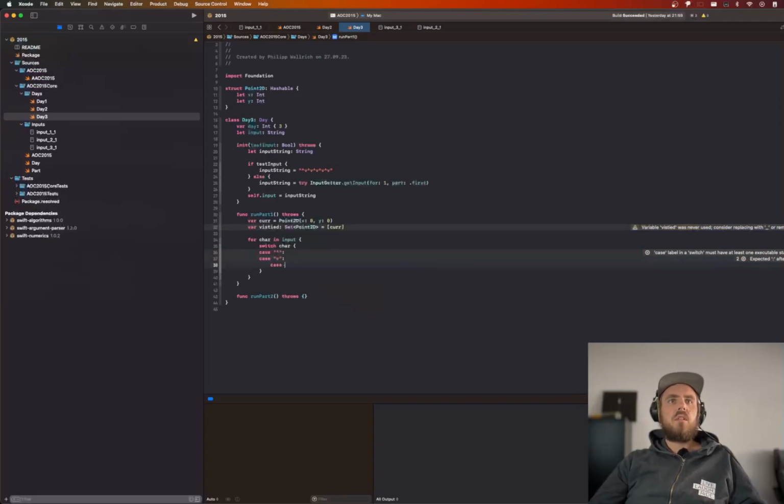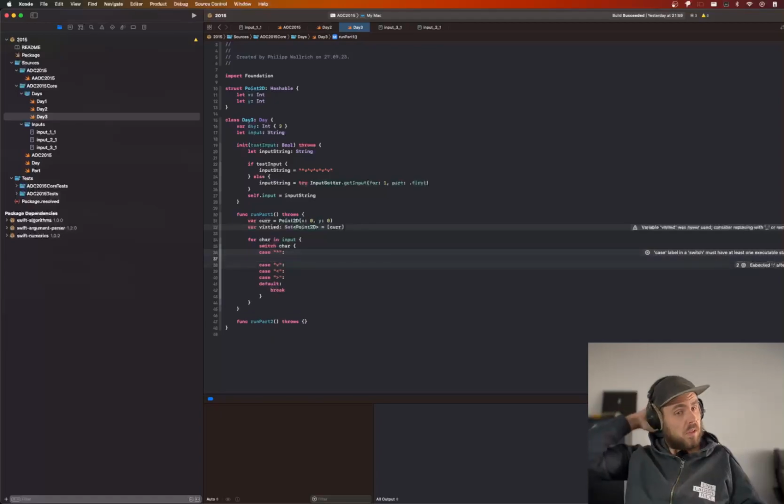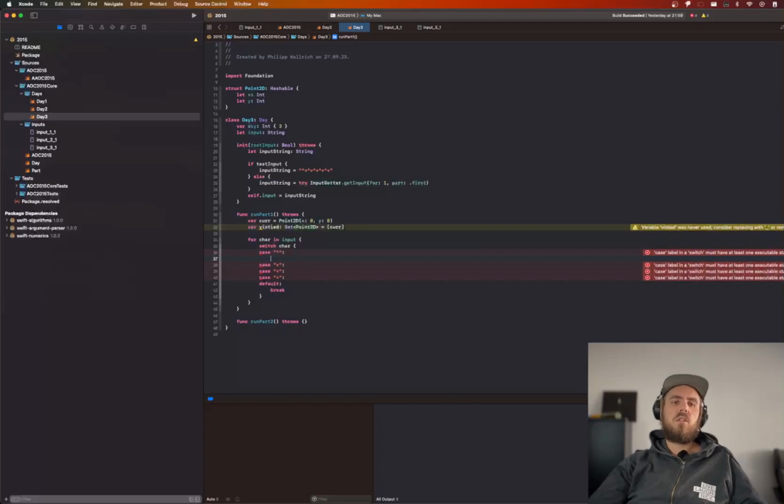We've got left and we've got right. Default do nothing. Okay, if we go up, in that case I just decrease x.